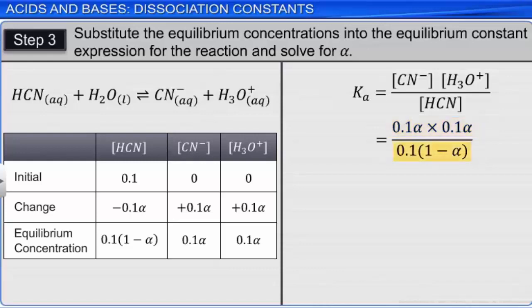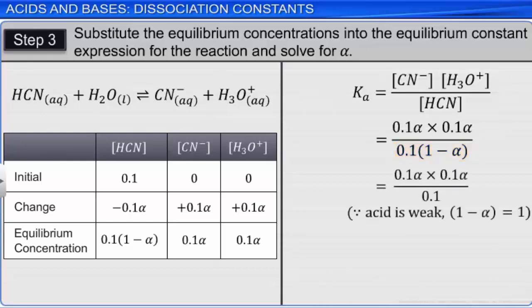As hydrocyanic acid is a weak acid, it undergoes dissociation to a very little extent, and hence the value of alpha is very small. Thus, 1 minus alpha can be taken as 1. Thus, Ka becomes equal to 0.1 alpha squared.